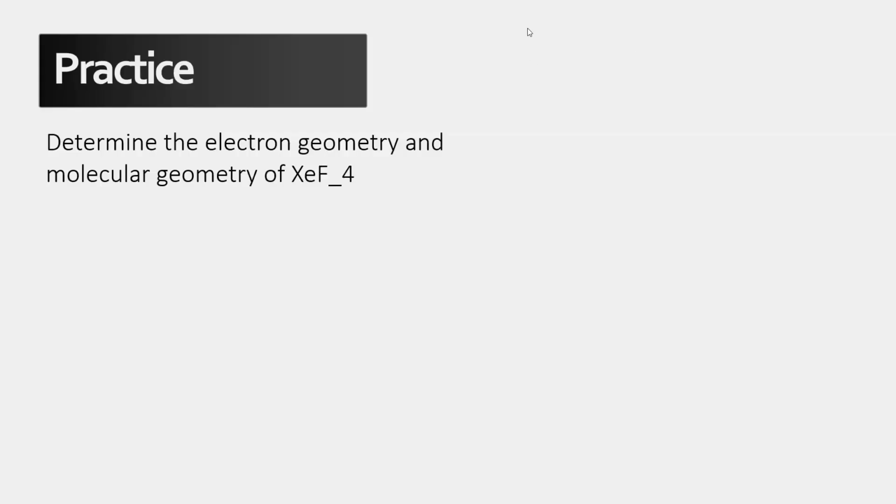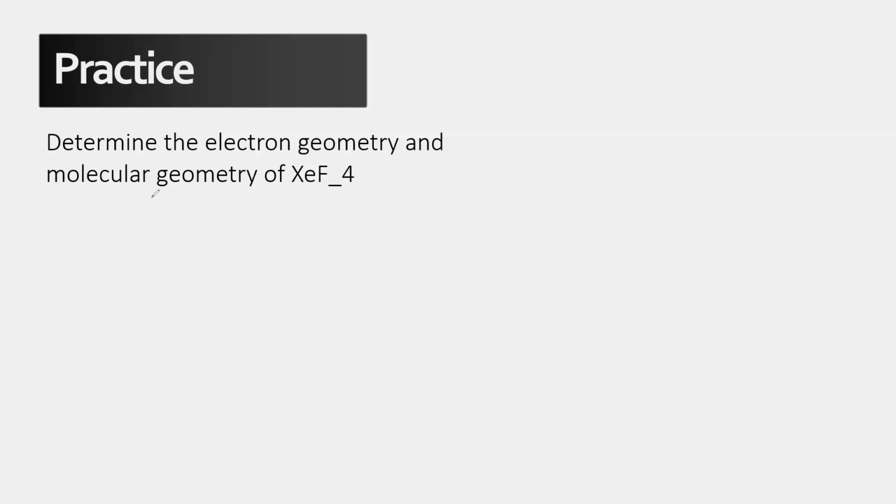Okay, so let's practice this. Let's determine the electron geometry and molecular geometry of this molecule. It has xenon and 4 atoms of fluorine in it. The first step in this process is to count all of the valence electrons.